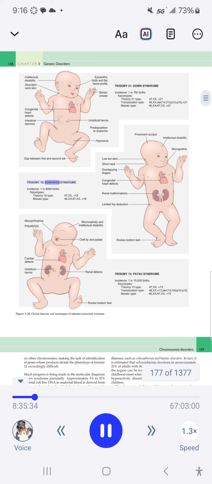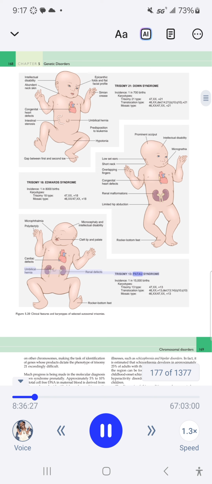Trisomy 18, Edwards syndrome. Incidence, 1 in 8,000 births. Karyotypes. Trisomy 18 type, 47,XX,+18; mosaic type. Congenital heart defects, renal malformations, limited hip abduction, microphthalmia, polydactyly, microcephaly and intellectual disability, cleft lip and palate, rocker bottom feet, cardiac defects, umbilical hernia, renal defects.